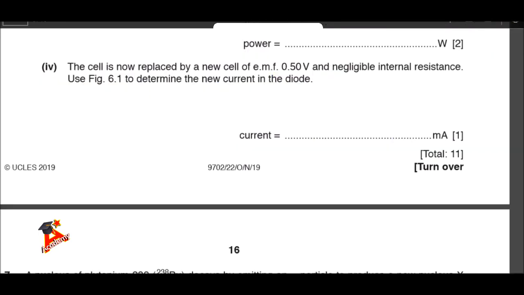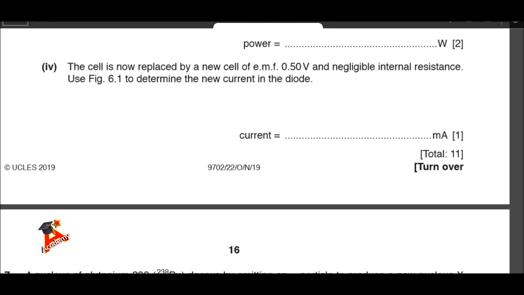Now to answer item 4, which says the cell is now replaced by a new cell of EMF 0.5 volts and negligible internal resistance. Use Fig 6.1 to determine the new current in the diode. To answer this question, we need to look at our given graph.